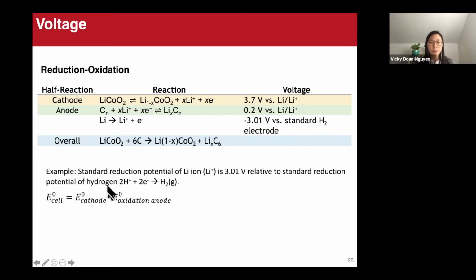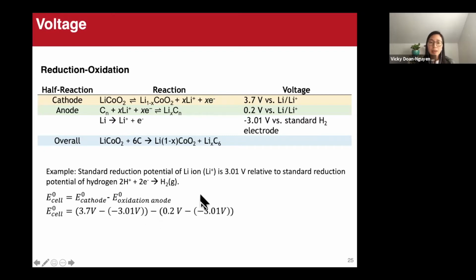And so here, how we figure out the voltage of the cell is that we look at the voltage, or E is the voltage of the cell, is the cathode minus that of the anode. And so here we can see, well, the cathode is at 3.7 volts. It's versus lithium, but lithium is 3.01 volts offset from SHE, or standard hydrogen potential.